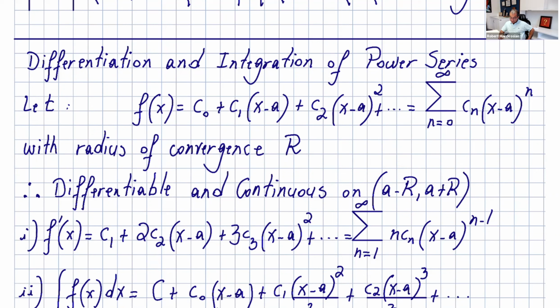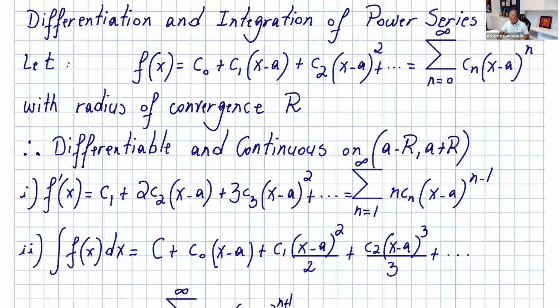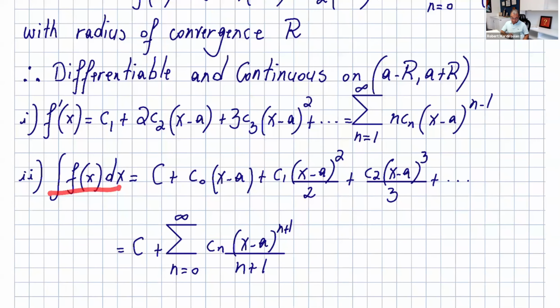So the general term, you can write this as, this is just the power rule of differentiation, n times cn (x minus a) to the power of n minus 1. The integral of that, you know the integral needs a constant first of all, and you just take the integral term by term.